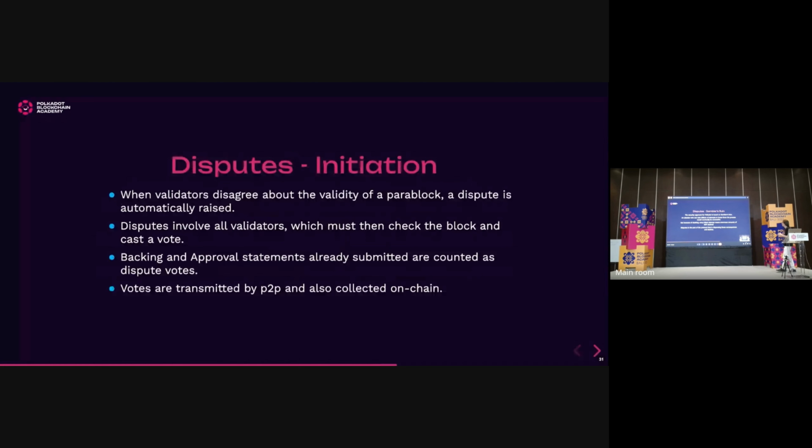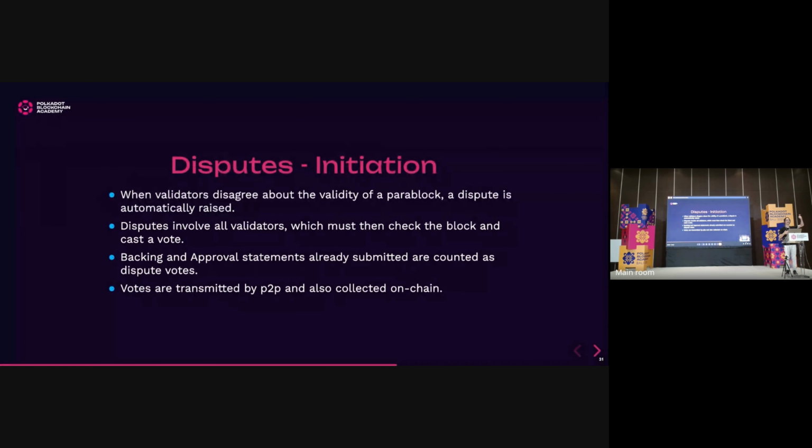Okay, and now we can look a bit more into the dispute stuff. So disputes are essentially started when at least two validators disagree about the validity of a parablock. We definitely have the backers that are saying it is correct. So if there's at least a single approval checker that says it is incorrect, we already have the necessary elements to start a dispute.